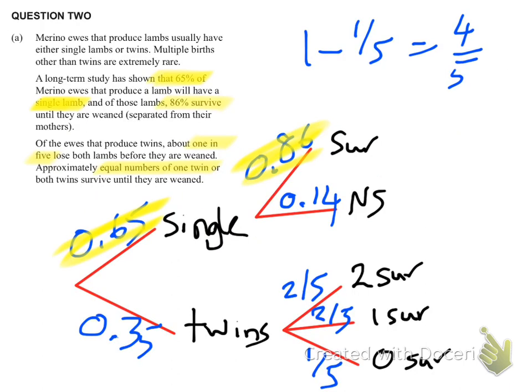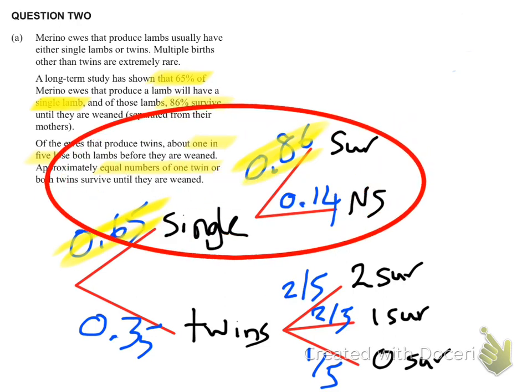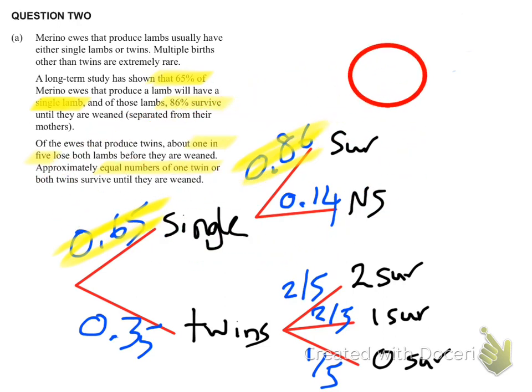All right, so I'm just going to clear that up the top there, and I need to look at the total surviving. So the total surviving could be, oh, that's not going to do what I want. Let me change that colour.